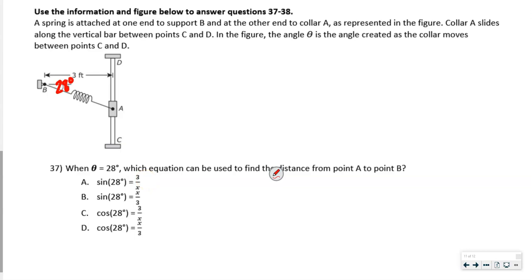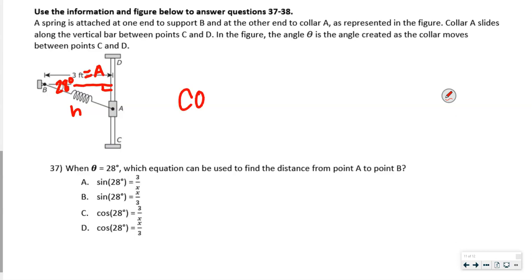Which equation can be used to find the distance from point A to B? So now let's relate these sides to the angle. So it's asking us for A to B. So if we kept it going across here and drew this line, there would be a right angle right there, right? So this is going to be our hypotenuse, yes? And the 3, because it touches the angle, is our adjacent side. So what ratio uses hypotenuse and adjacent?